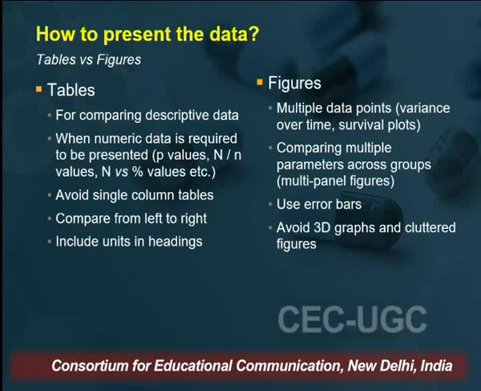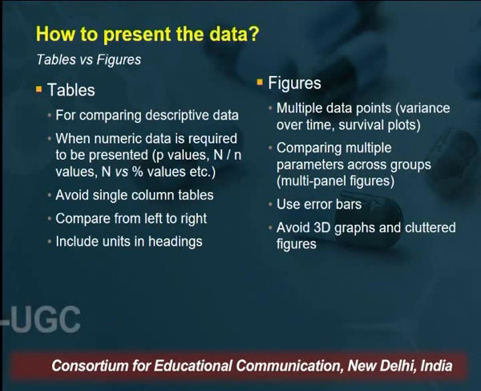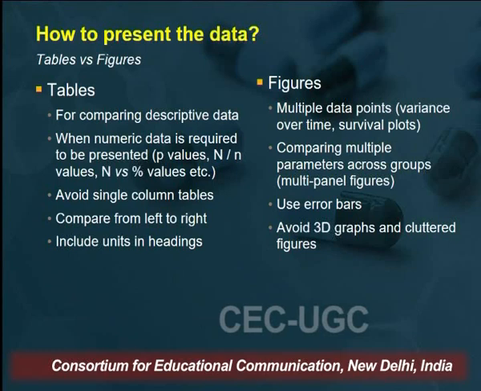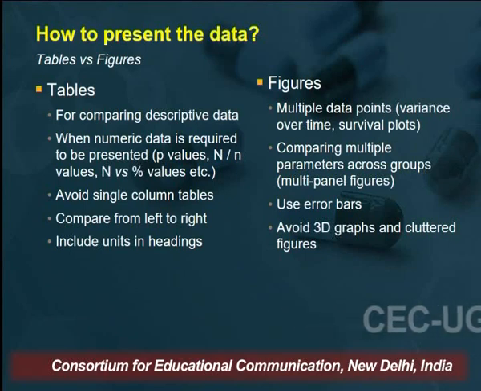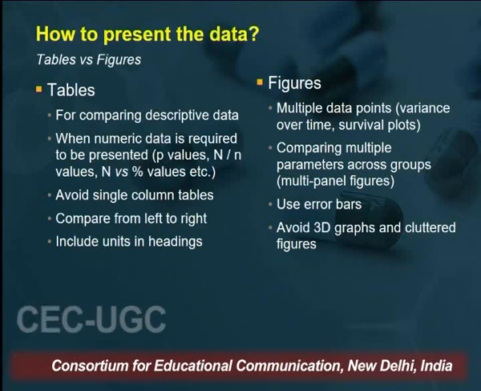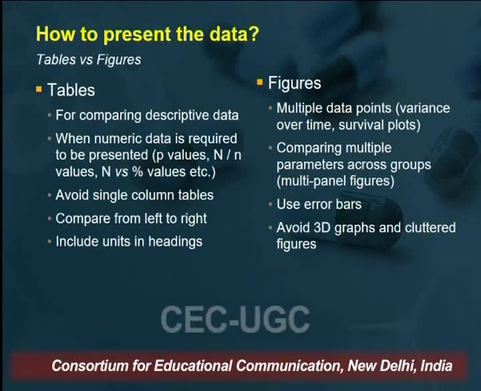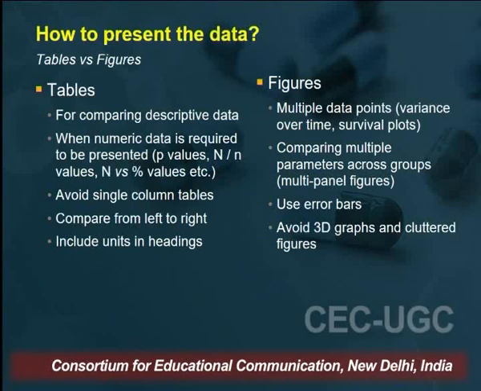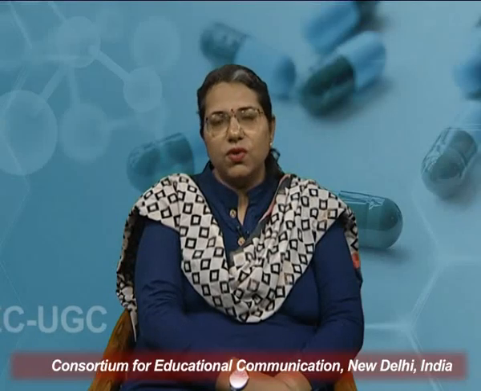And in case of figures, where there are multiple data points, variance over time, or survival plots, then you go ahead with the figures, which make the data more easily understandable and more catchy. And where you can use different colors to present the different lines, it would be much better to include the figures. But you have to check with the journal whether they allow colored images or figures or not.